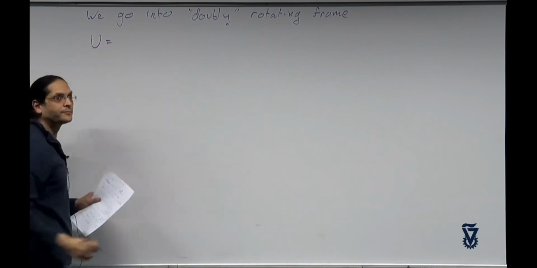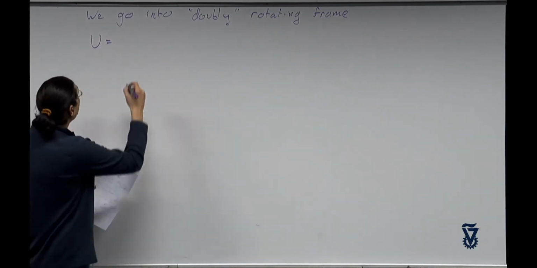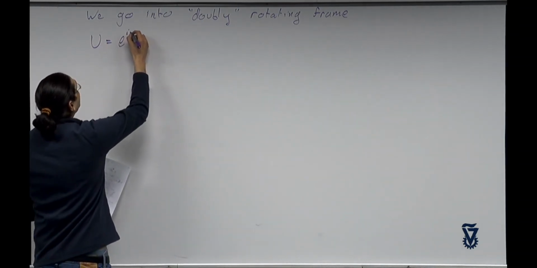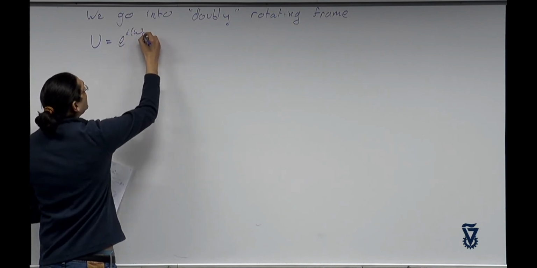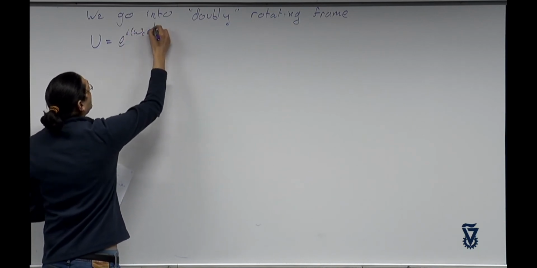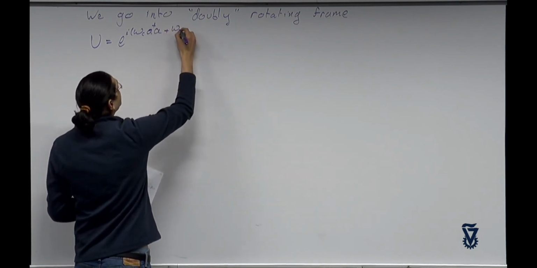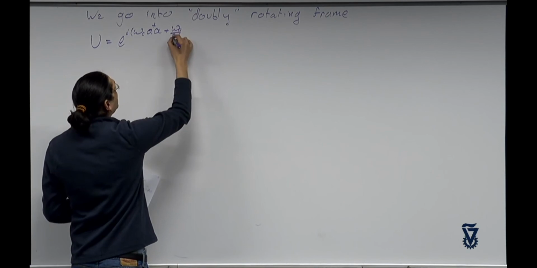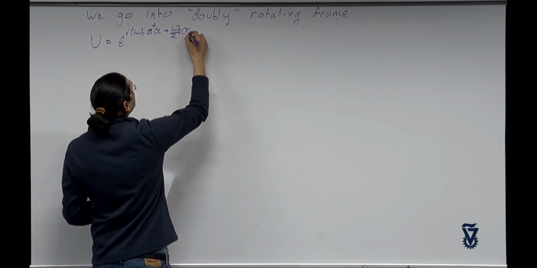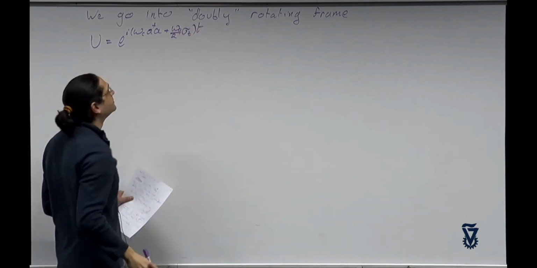So U is now going to be e to the i (omega cavity A dagger A plus omega Q over 2 sigma Z) t.